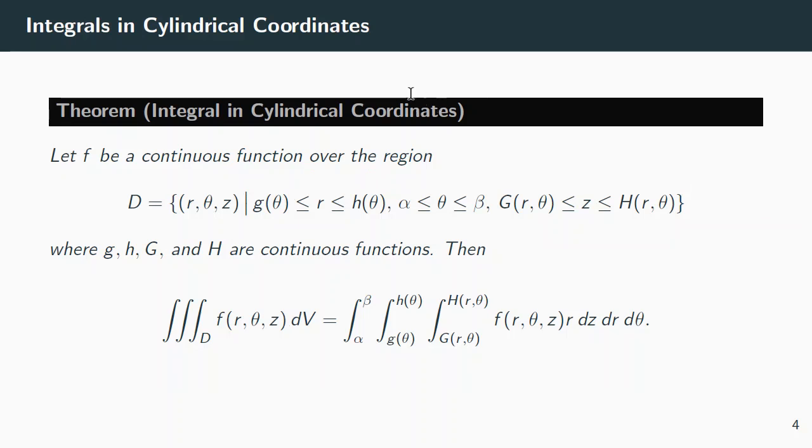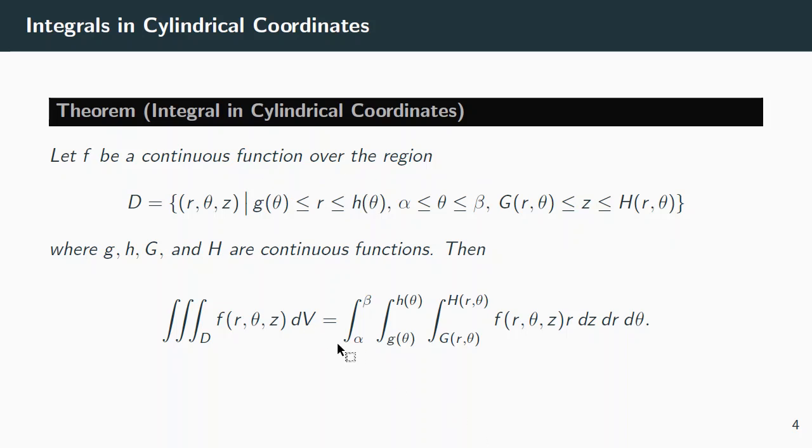When we start doing integration using cylindrical coordinates, we typically think of the z coordinate as being bounded below and above by two functions g and h, which depend on the polar coordinates. This is the bottom and top. Then in polar coordinates, the thetas are controlled by two particular angles, and the radiuses are controlled by some function of those angles.